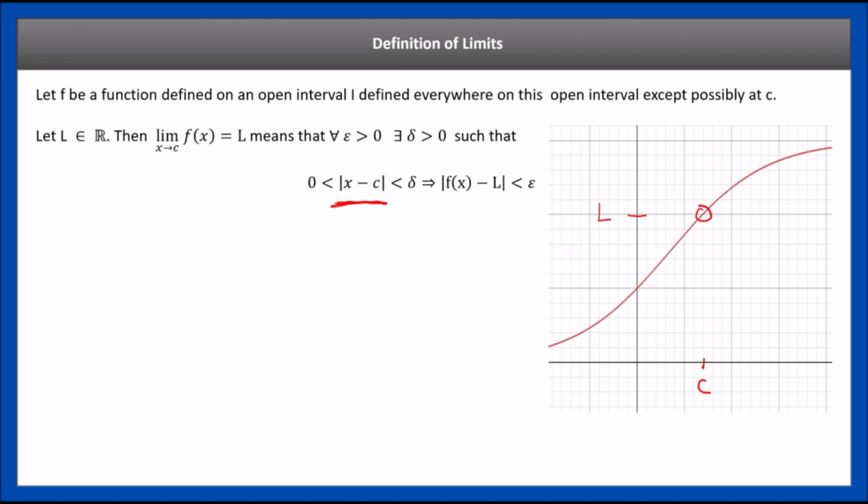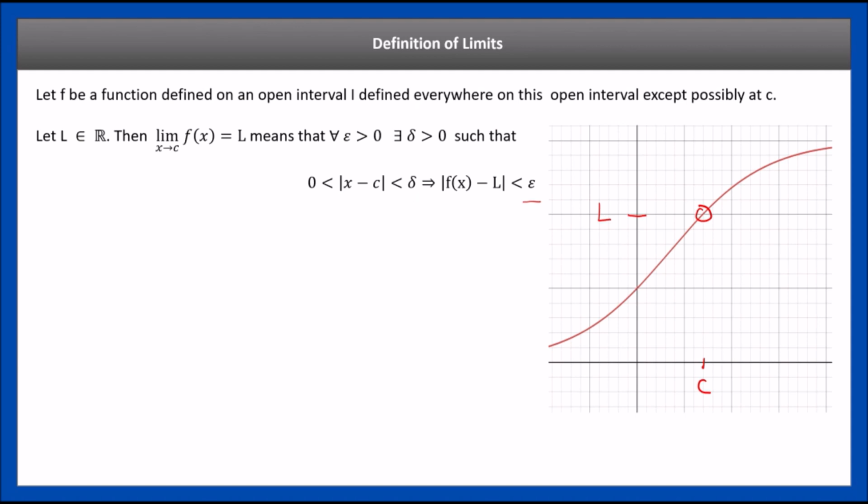And if that's the case, if the distance between x and c is between 0 and delta, then that implies that the function is a certain distance away from L, a distance that is less than epsilon, okay?